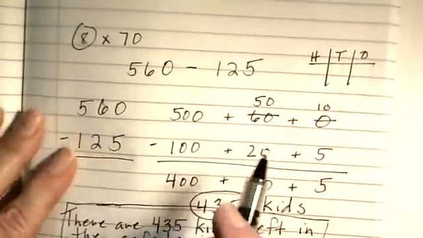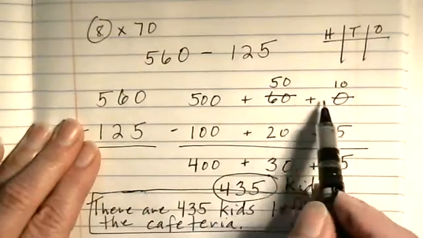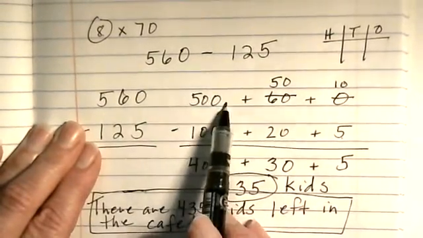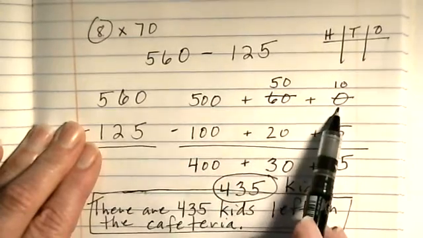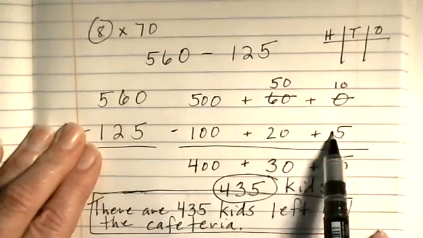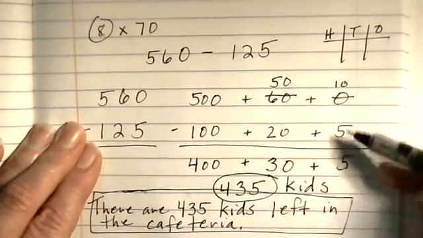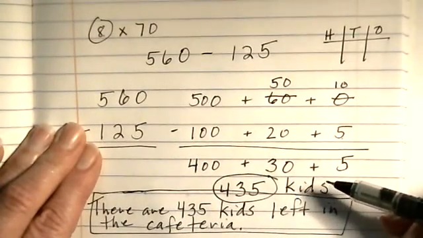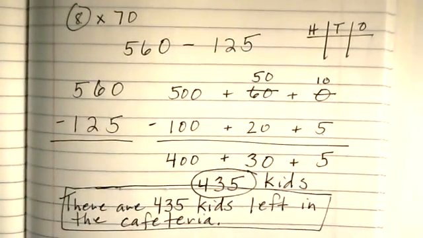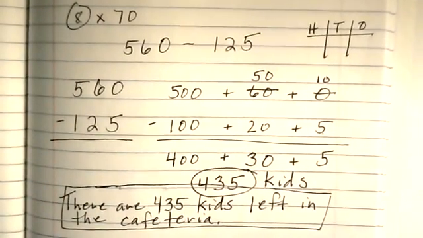I used my place value knowledge to subtract. I just wrote 560, 500 plus 60 plus 0, 125, 100 plus 20 plus 5, and then I had to subtract. Okay, so your answer is there are 435 kids left in the cafeteria.